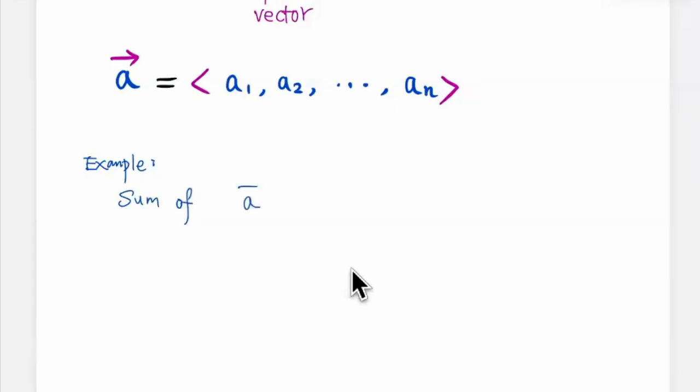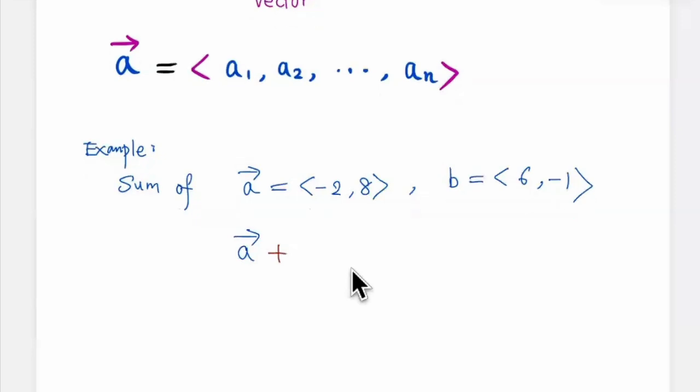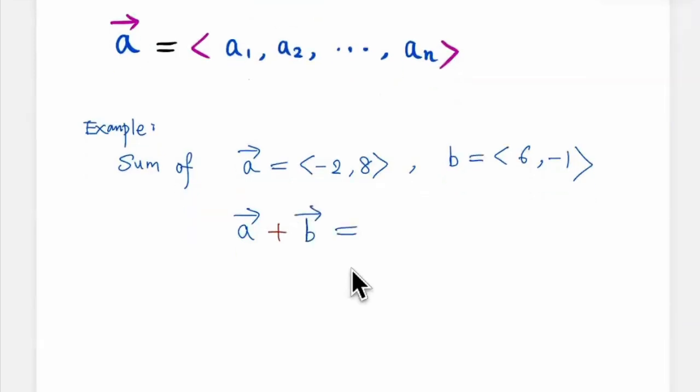This vector is (-2, 8), and the other vector is (6, -1). What is A plus B? What do you do with the components? When you sum them, you add the components, right? So you will have -2 adding 6 and 8 adding -1. Then that will be (4, 7).